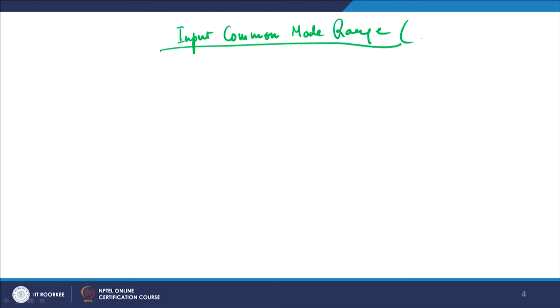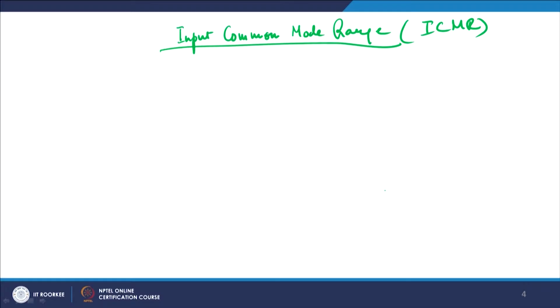Now, let me explain to you what is known as input common mode range, also referred to as ICMR.